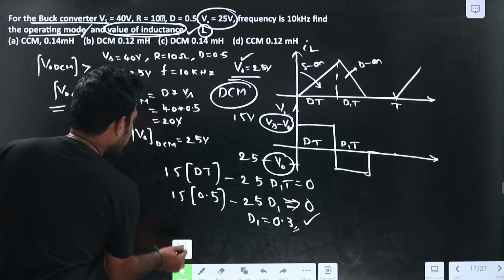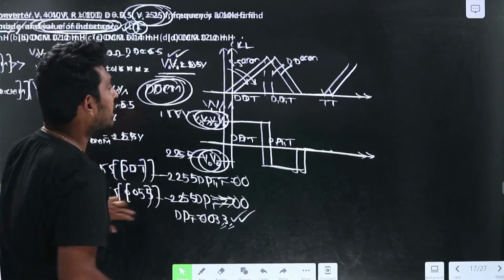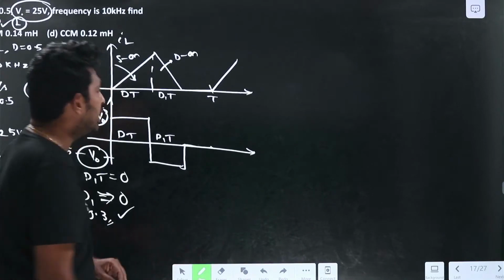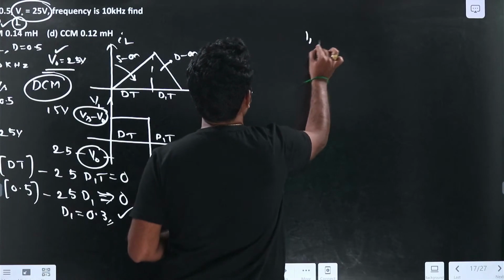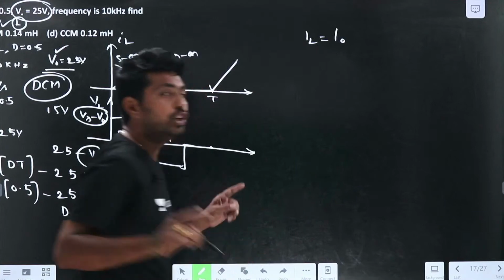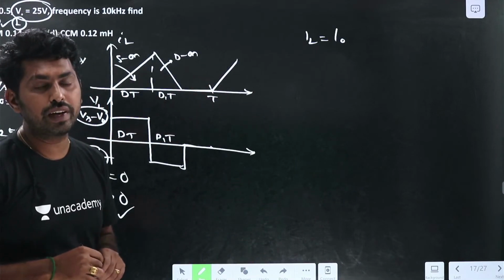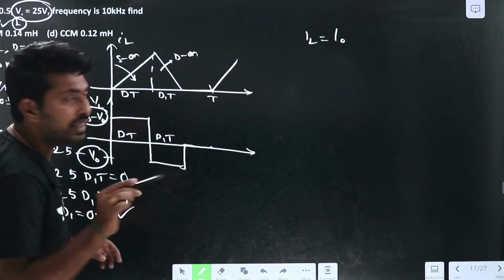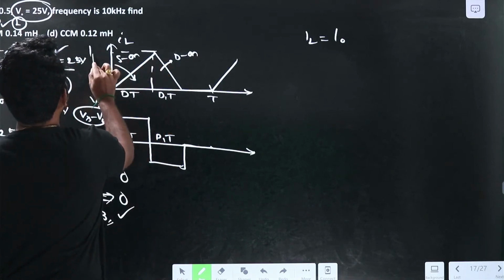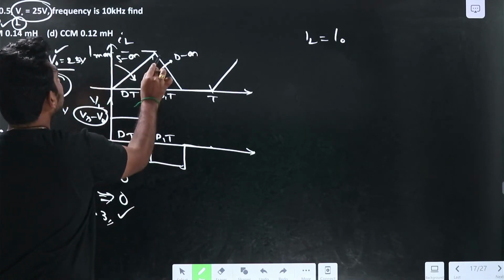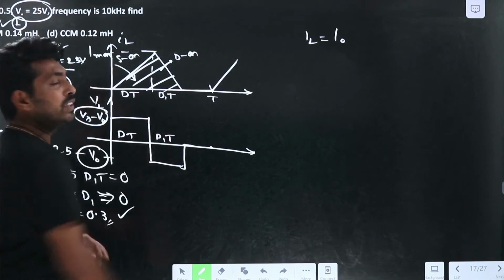In the case of the buck converter, we know that the average value of IL equals I naught. How can I find the average value? Let the peak be I max. I need to find the total area with respect to time.